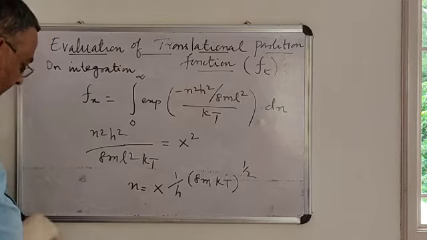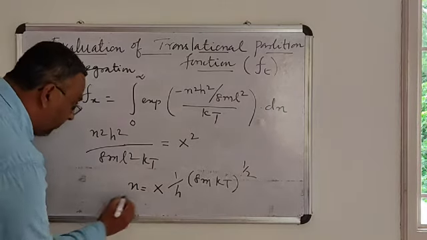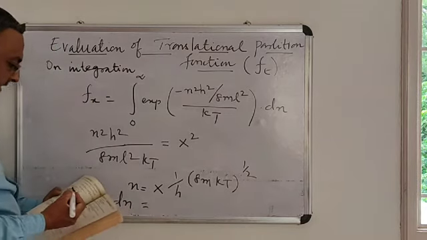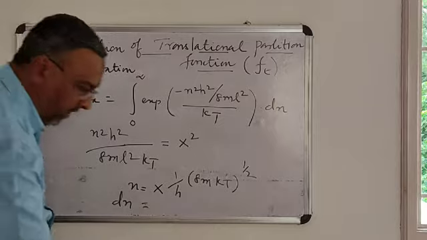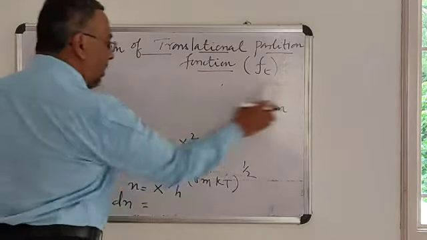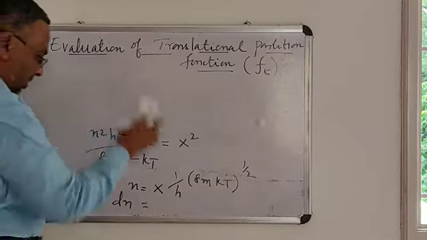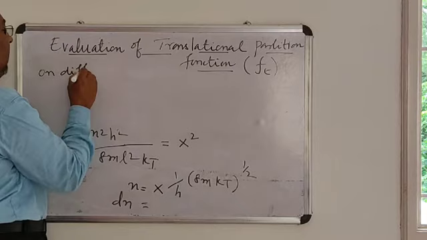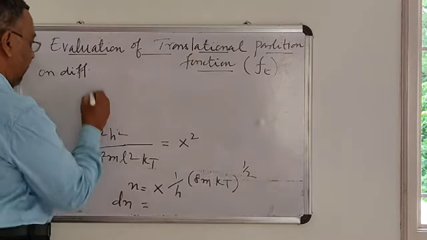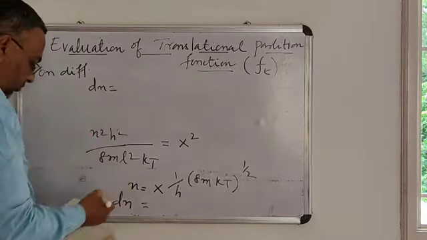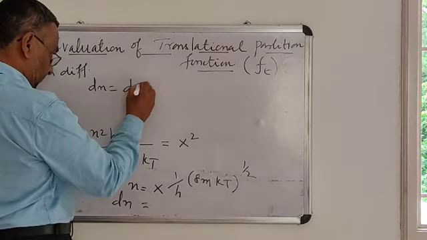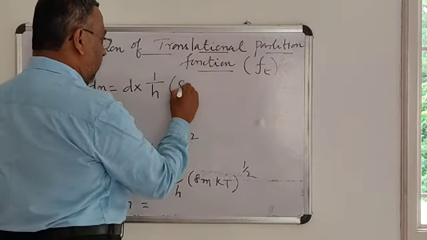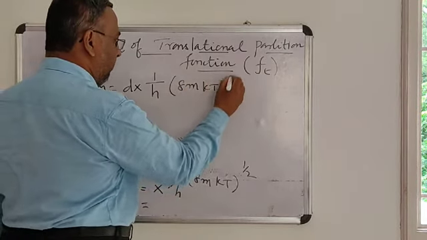Okay, this is the value of n. Then what about the value of dn? On differentiating this, we get dn is equal to dx into 1 by h (8m kT) power half.